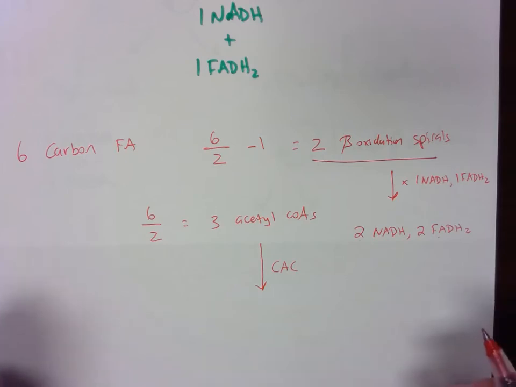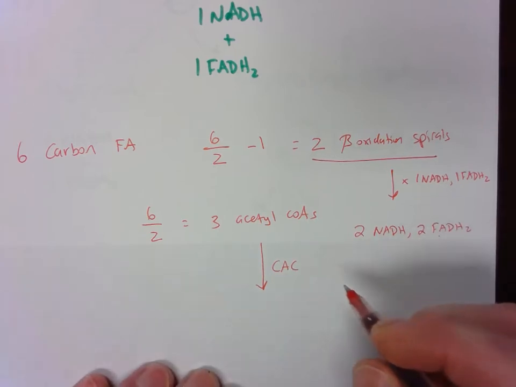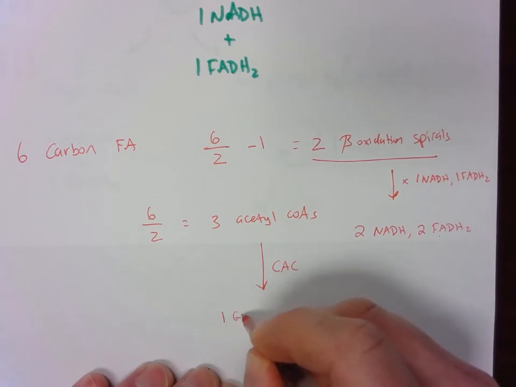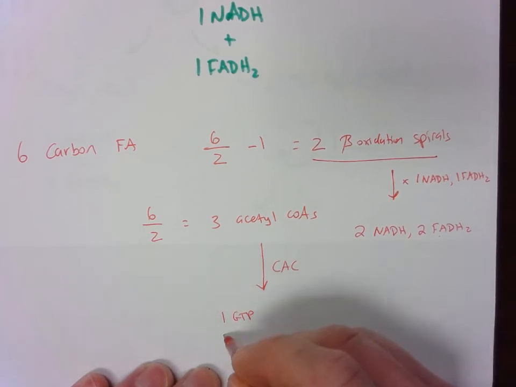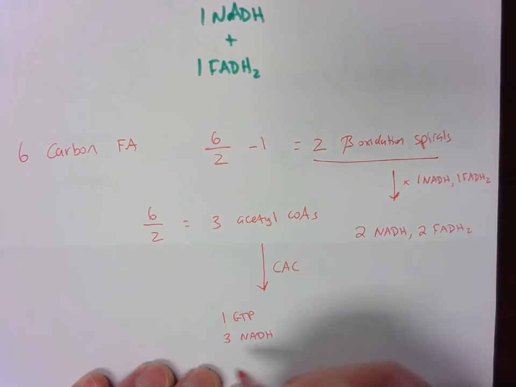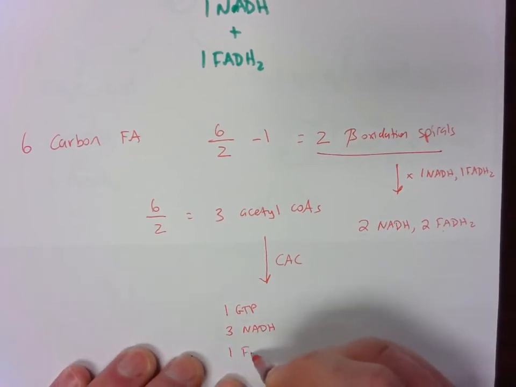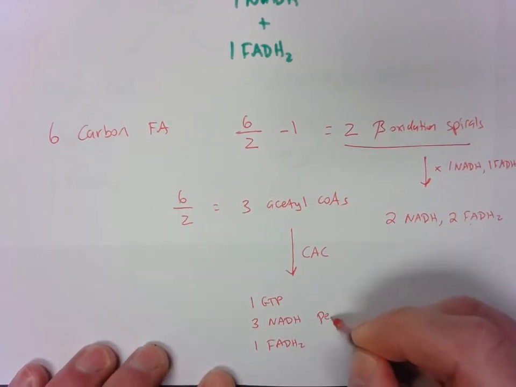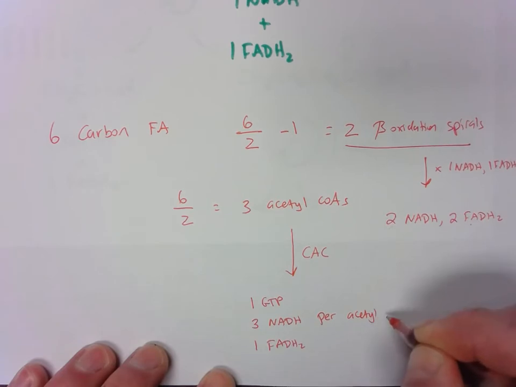And then it will produce a certain number of NADHs and FADH2s. From every acetyl-CoA, we're going to get 1 GTP, 3 NADHs and 1 FADH2 per acetyl-CoA.